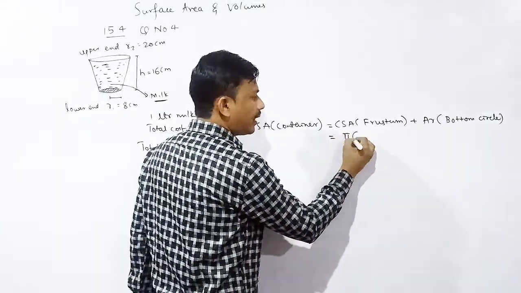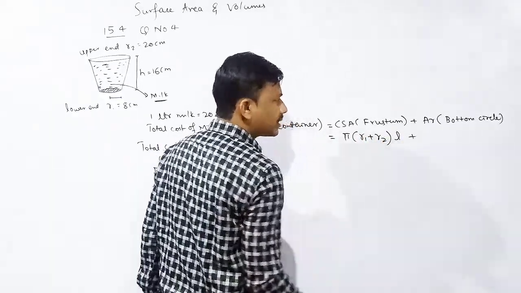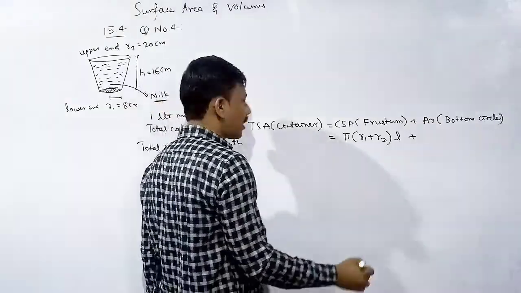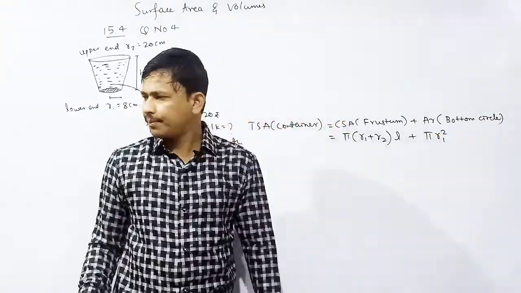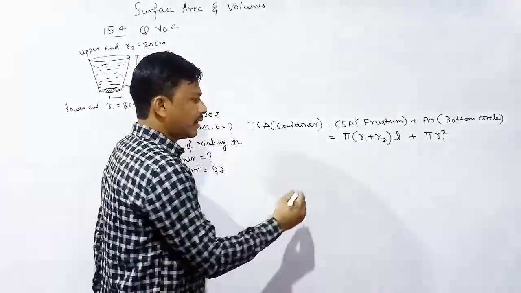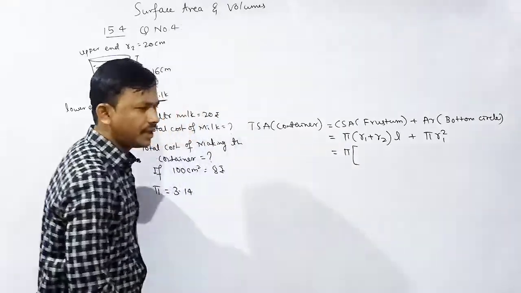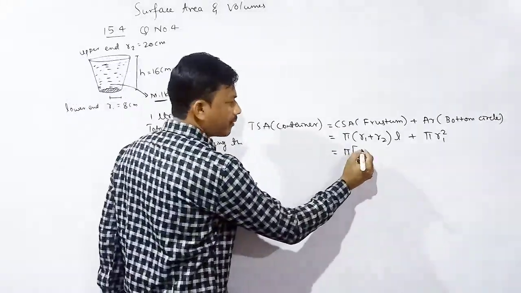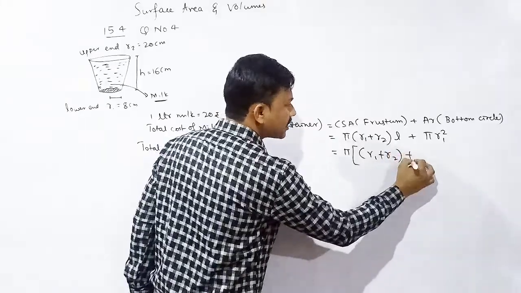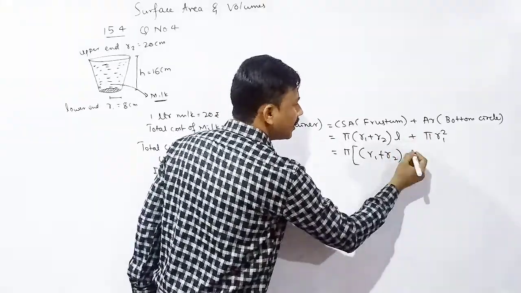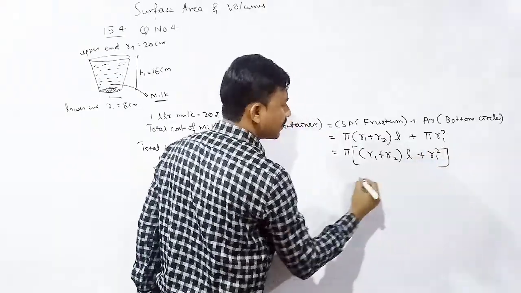Pi in bracket R1 plus R2 into L, plus the area of bottom circle, pi R1 square. Yes or no? What is the common thing here? Pi in bracket R1 plus R2 into L plus R1 square.